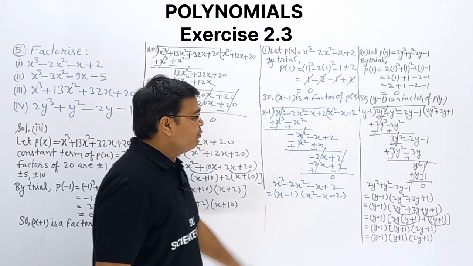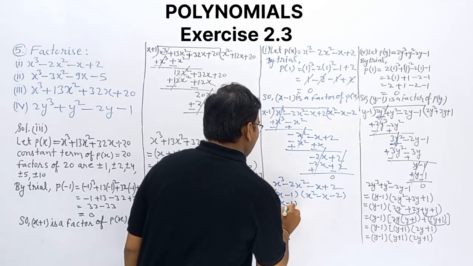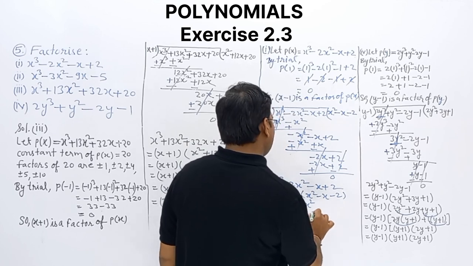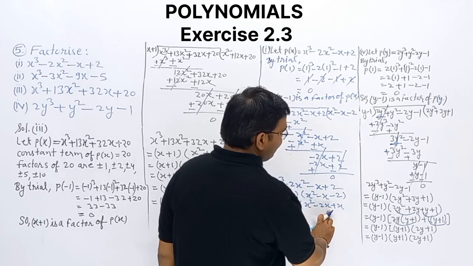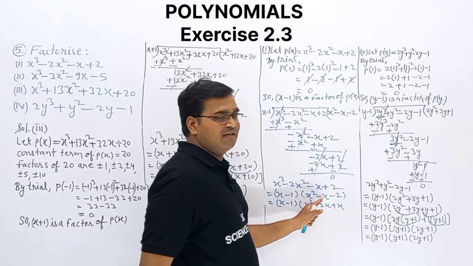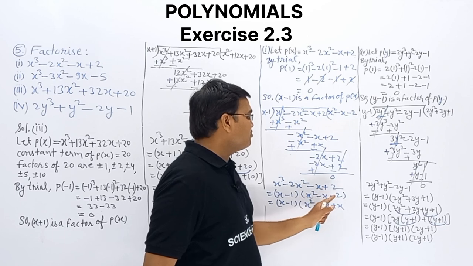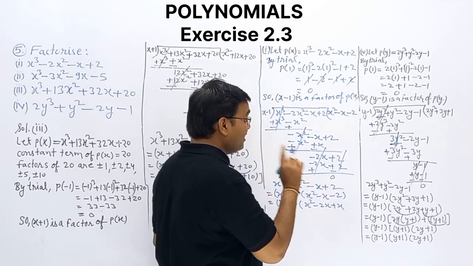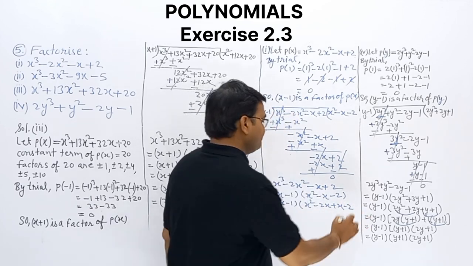This quadratic polynomial can be factorized by splitting the middle term. x square minus x can be written as minus 2x plus x. Minus 2x plus x will be minus x. Multiply both, minus 2x square. First and last multiplication is what? x square into minus 2 will be minus 2x square. Clear? It means both are correct parts.